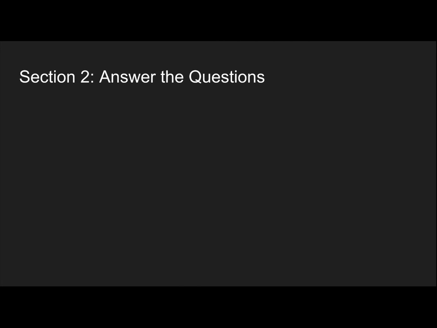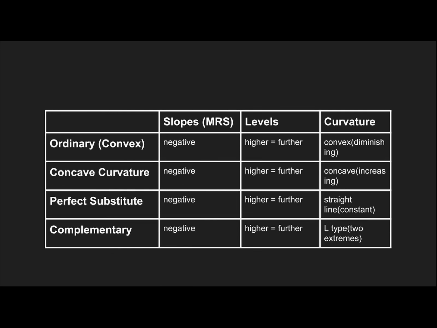Okay, so that's the first part. Those are all the points I want to reiterate and clarify before we really go into the questions. And I hope this PowerPoint can help you summarize and understand the indifference curves. Always remember the three graphic features of indifference curves.